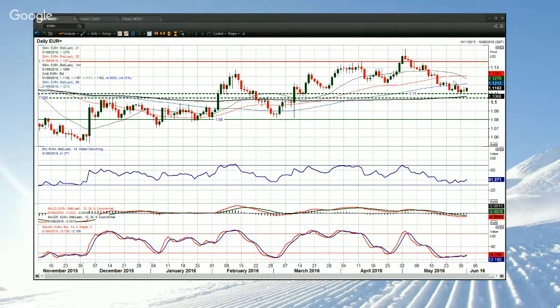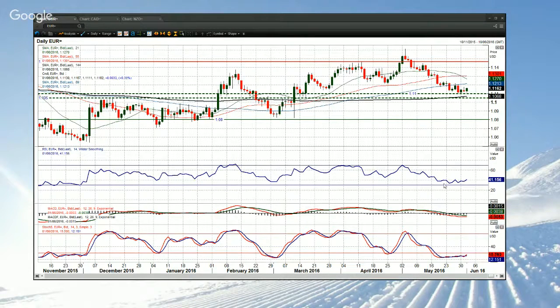Now you've got the sequence of lower highs, lower lows on this chart, but is the move now beginning to slow down? You're starting to see this RSI picking up. This is only today, mind you, because I looked at this morning, and the chart was still fairly much negatively configured.